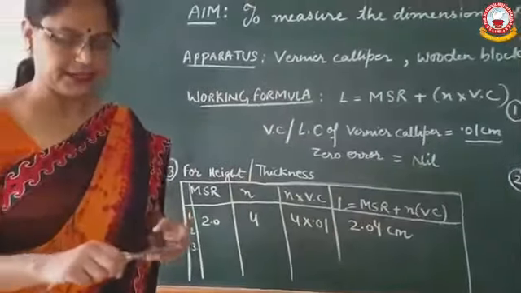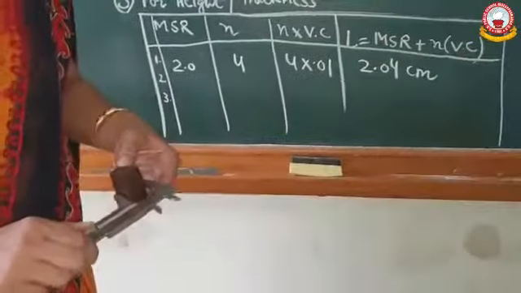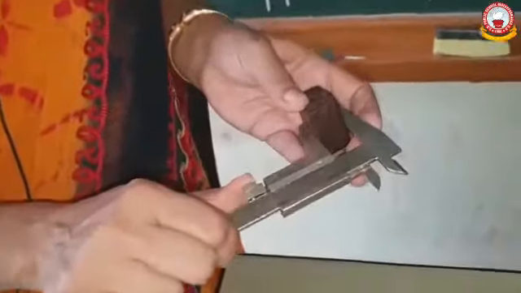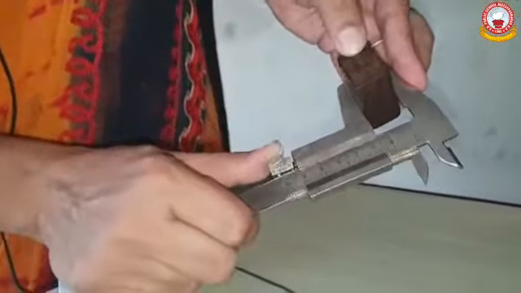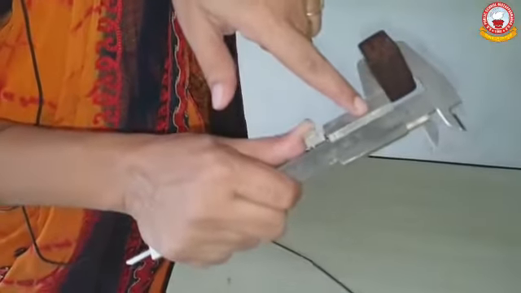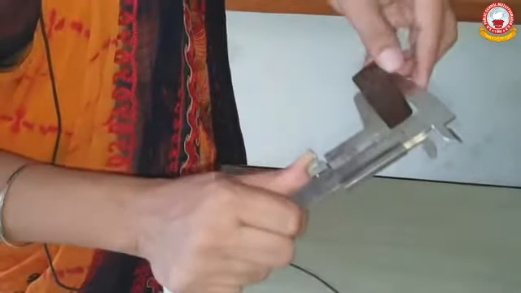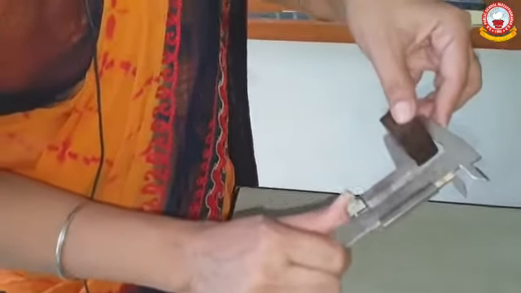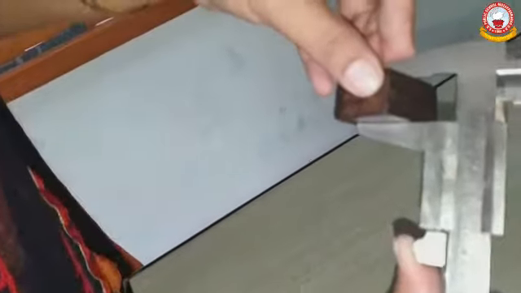Now let us take the second observation by turning it and fixing between the jaws along the thickness. Again you can see the main scale reading is 2, but the number of divisions coinciding is, you have to observe very carefully, it is the fifth one.